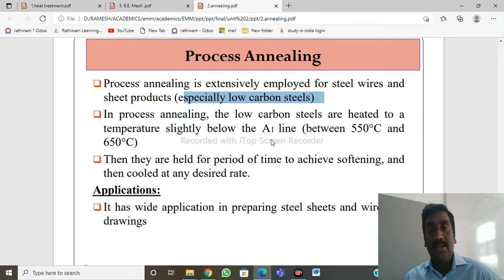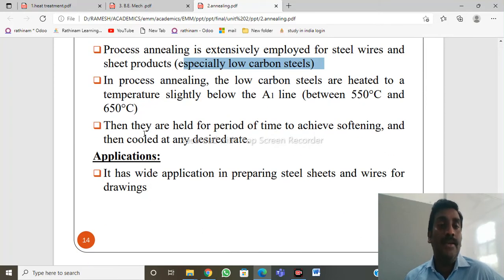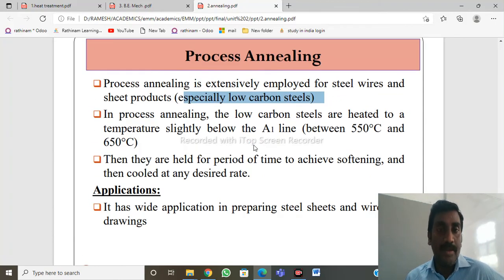In process annealing, the low carbon steels are heated to a temperature slightly below the line, between 550 degrees to 650 degrees, below the 738 degree critical line itself. They are held for a period of time to achieve softening, and then cooled at the desired rate. So this is the process we do with process annealing.